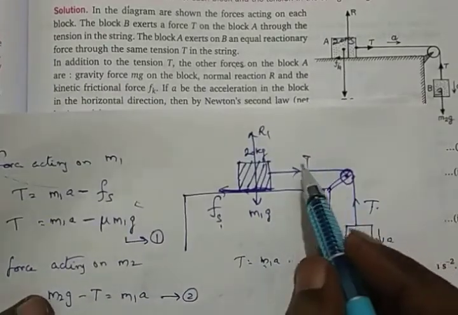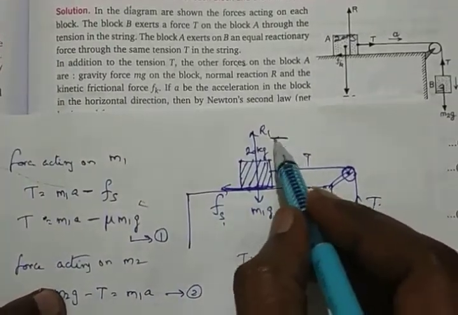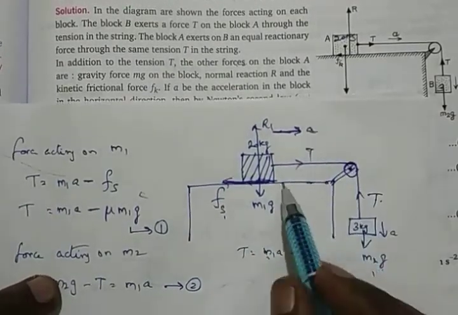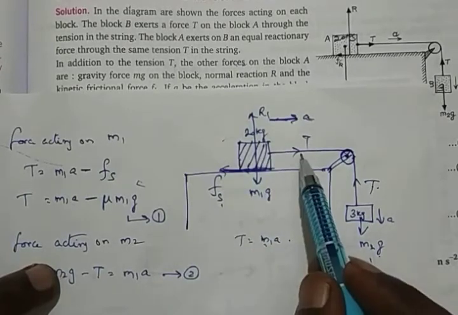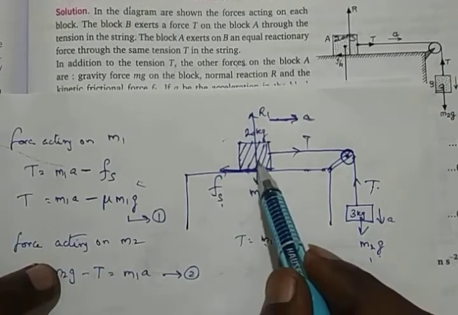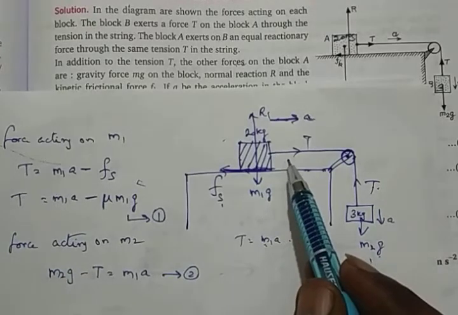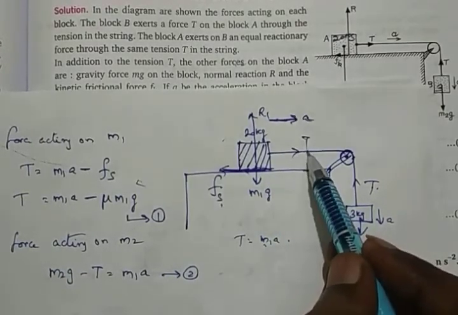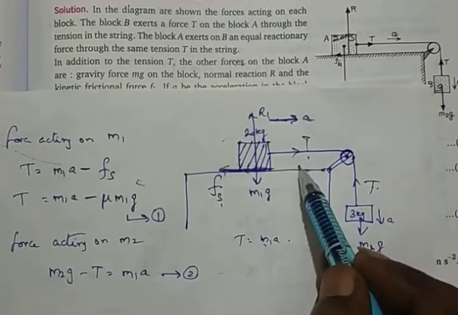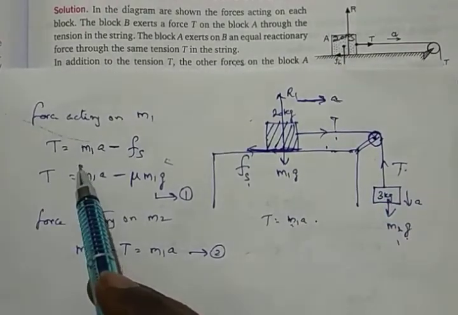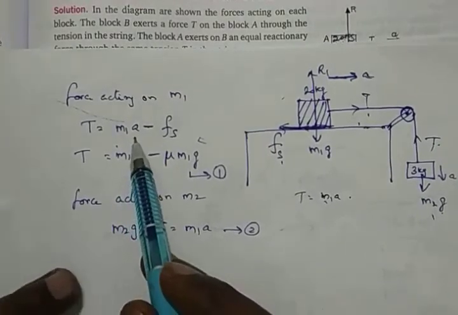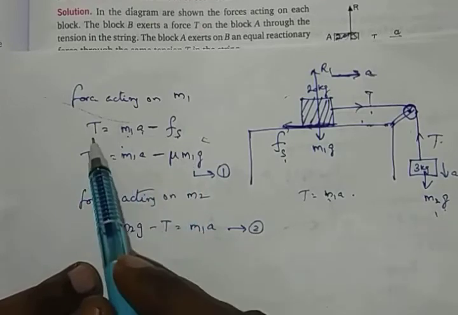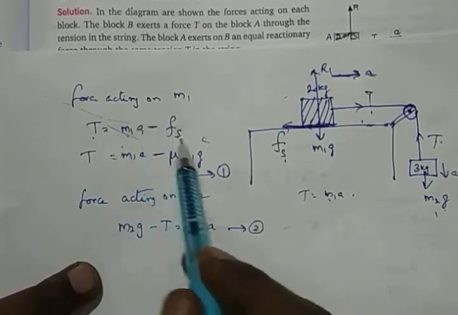One change which you need to make here is, this is going with an acceleration a. When this is accelerating, tell me which force is bigger. Here this equation needs a little more relook. Which force is bigger? Tension is bigger or frictional force is bigger? Definitely tension is bigger. When tension is bigger, how should this equation have been written? We have written m1 into a is bigger minus friction is equal to tension. That is not the case.